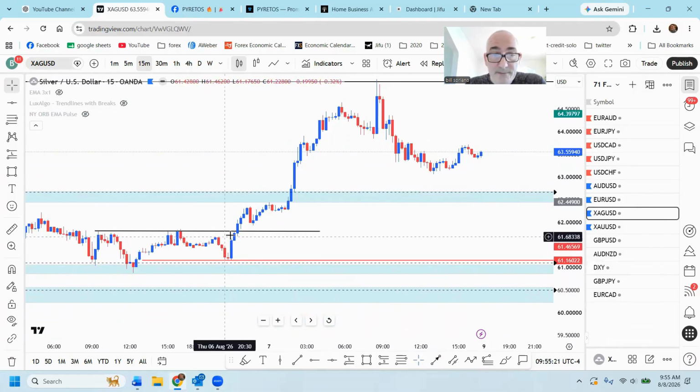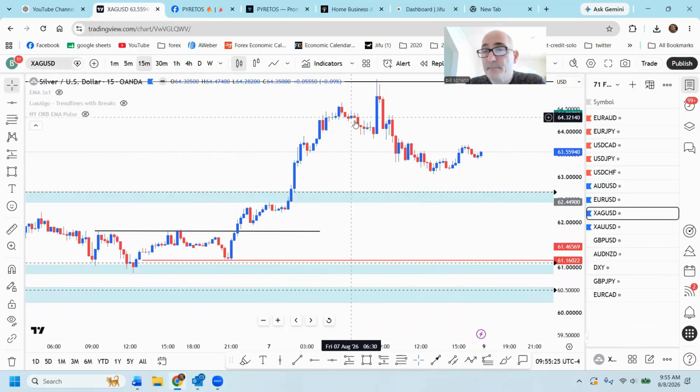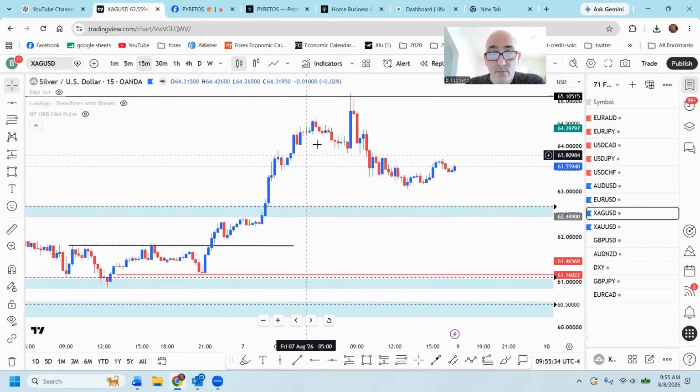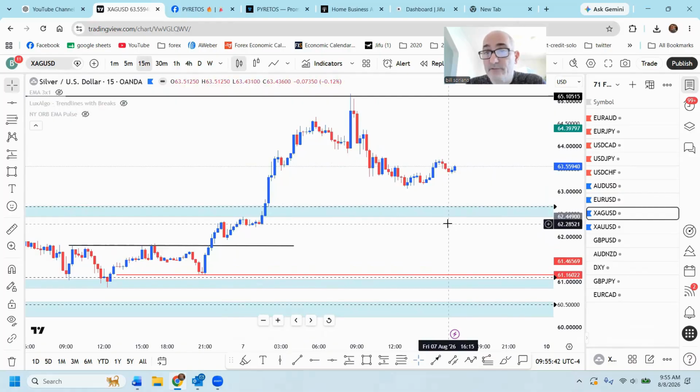But he basically gave this trade out, and he's been just about spot on with these zones for gold and silver. And you could see the move that this made up here. Now we're looking for this to pull back down to 62.66475. And once it pulls back down to this area, we look for that W formation, draw a trend line, wait for that trend line to get broken, and confirm it with the quantum scanner.